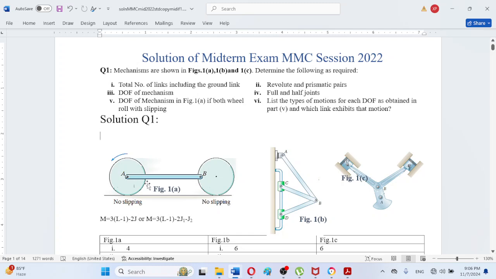That means the resulting DOF will be explained, along with which part exhibits it. That was also a requirement.